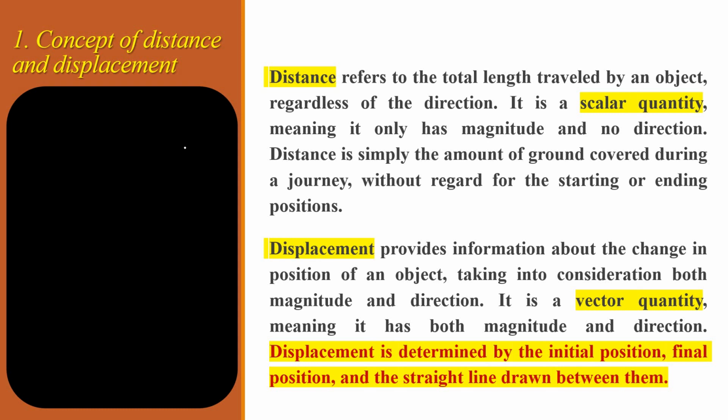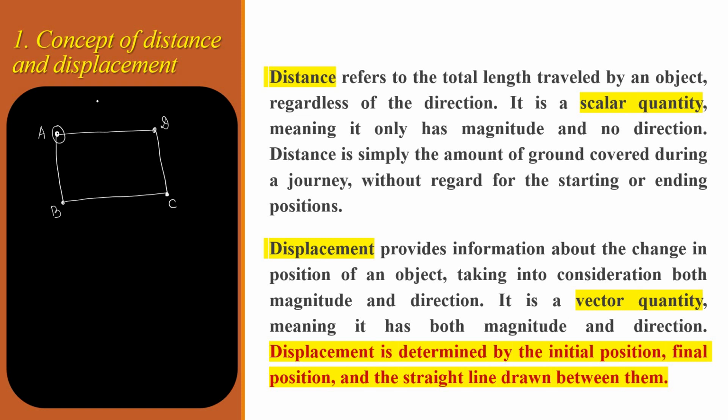So let us elaborate the concept a little more. Let us consider a man traveling along a rectangular field. Suppose the man starts to travel from point A, then goes to point B and then C and then D, and at last he reaches point A again.